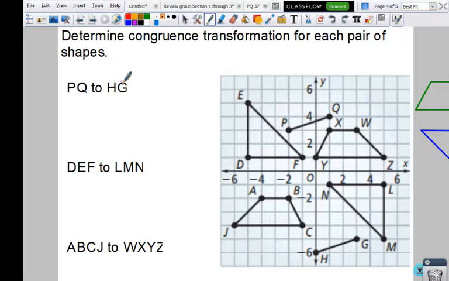I reflected it across the x-axis and I reflected it across the y-axis. No, I didn't reflect that. Just reflecting, and that's it? So you just gotta write capital R, the less than. This one is just the x-axis. Don't crumple it up, make it nice.